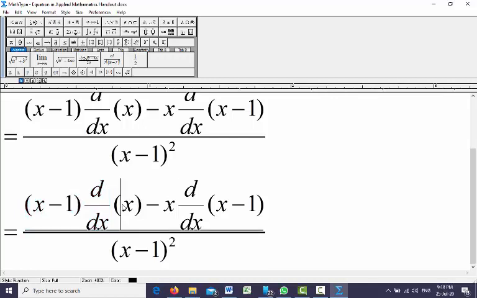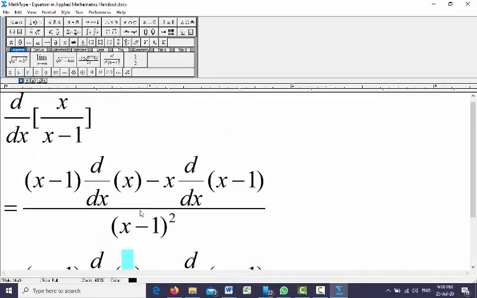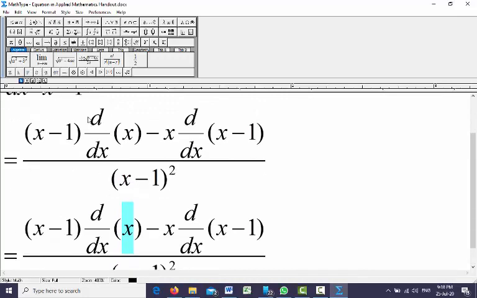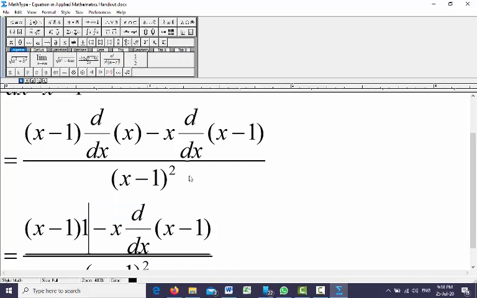We will do differentiation of this one only. Differentiation of x with respect to x, you get only 1. This x is behind d by dx, so we don't have to differentiate this x.